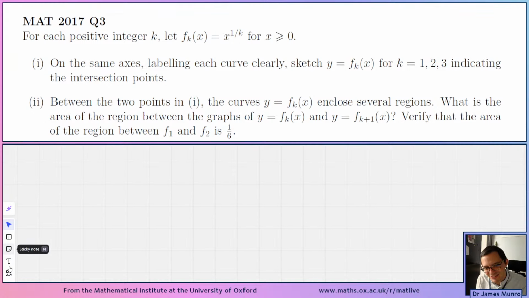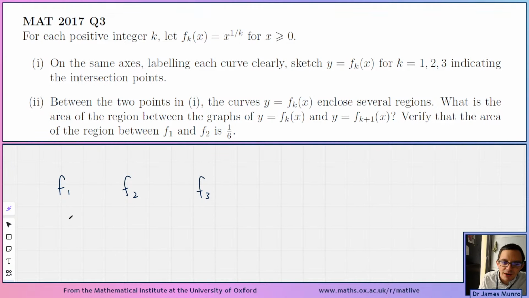I like to think of these as a sequence of functions, but that's perhaps a scary idea: there's function f1, function f2, and function f3, which might go on forever. In fact, it's worse than that. They keep going because it says for each positive integer.